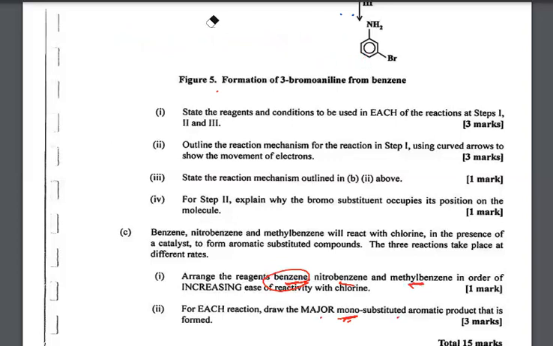So for the first one, let me do the first one, it would be meta. So let's use nitrobenzene. If I react it with chlorine, I should put the chlorine in which position? Meta. Right.